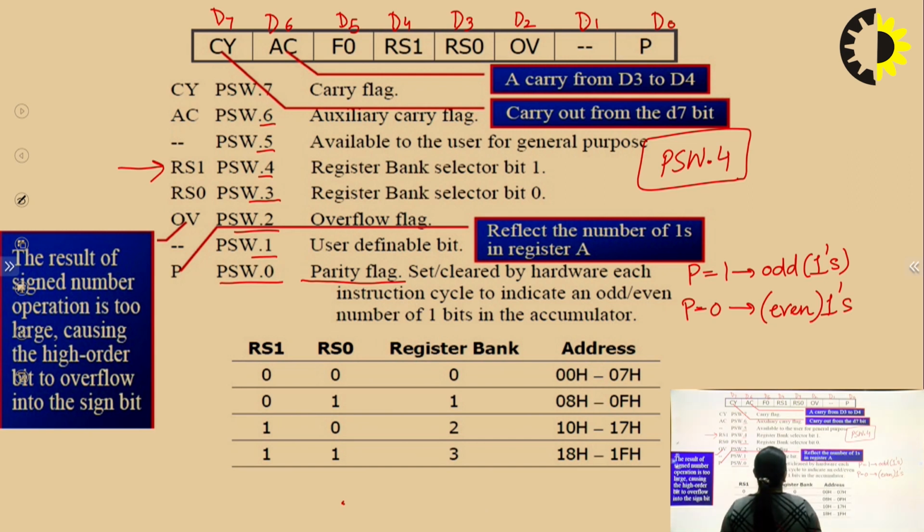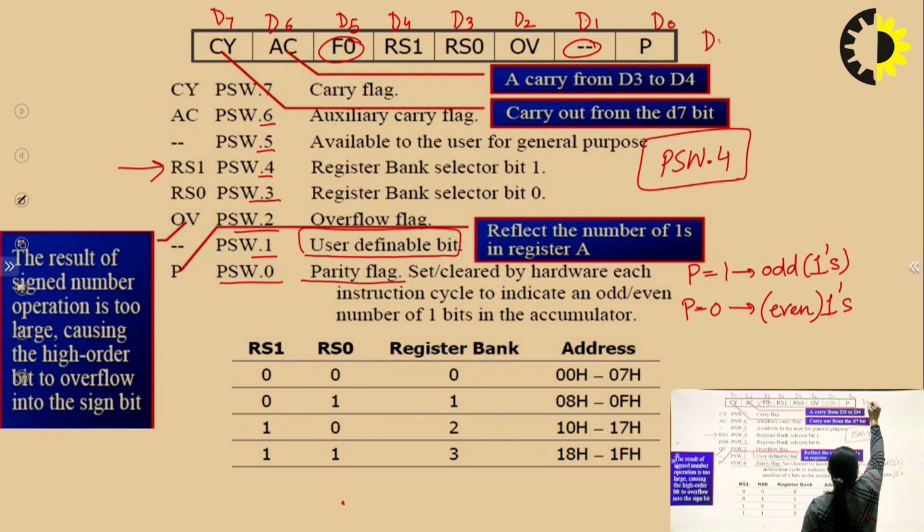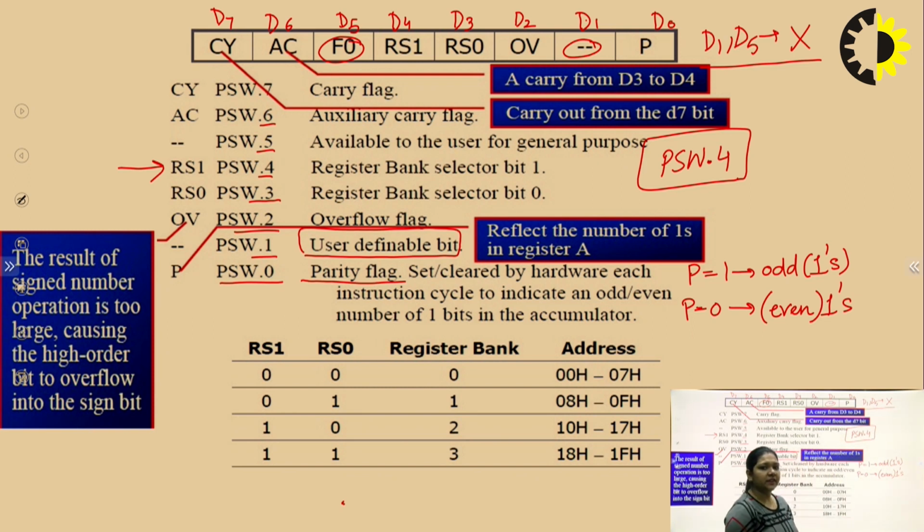Clear? So next is PSW.1. It is a user definable bit. It is not used by the microcontroller. So this bit and this bit, D1 and D5, are not used by the microcontroller. These are user defined bits.